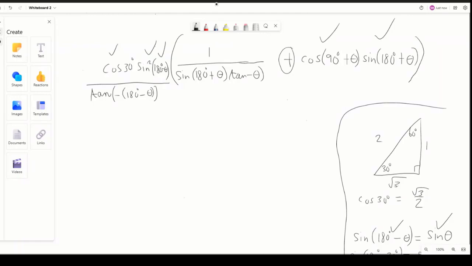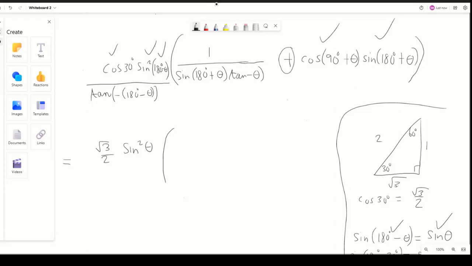Okay? So let me try and add things as we go along. Cos of 30, we said it's square root of 3 over 2. Based on what we just said, let's go inside there.